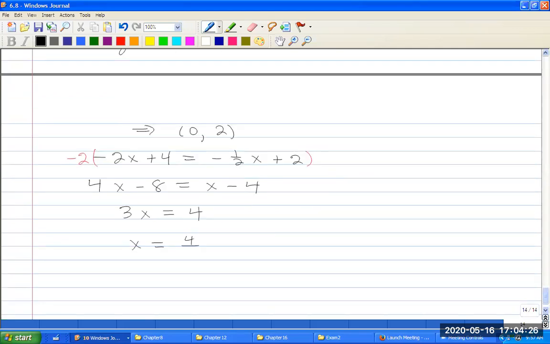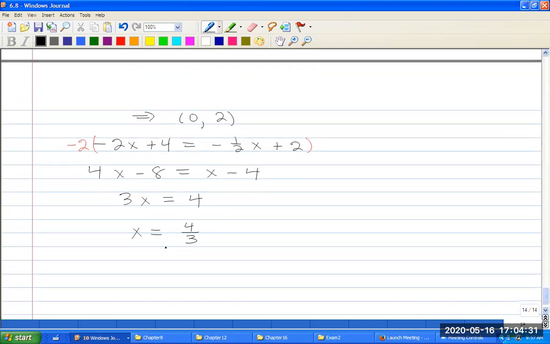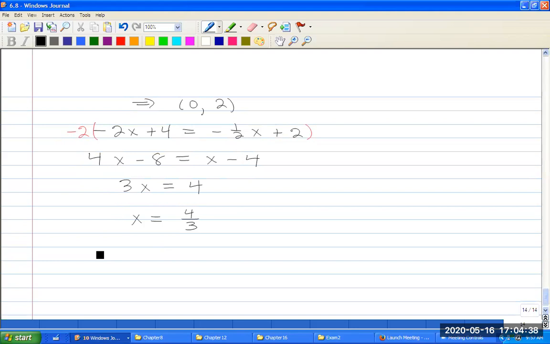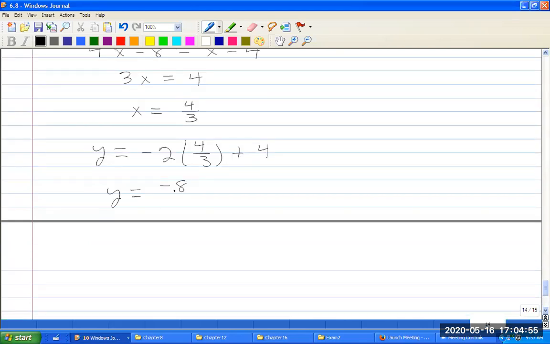Okay. Let's find the corresponding y value. So y is equal to negative 2x plus 4. So y is equal to negative 8/3 plus 4. I can write that as 12/3.